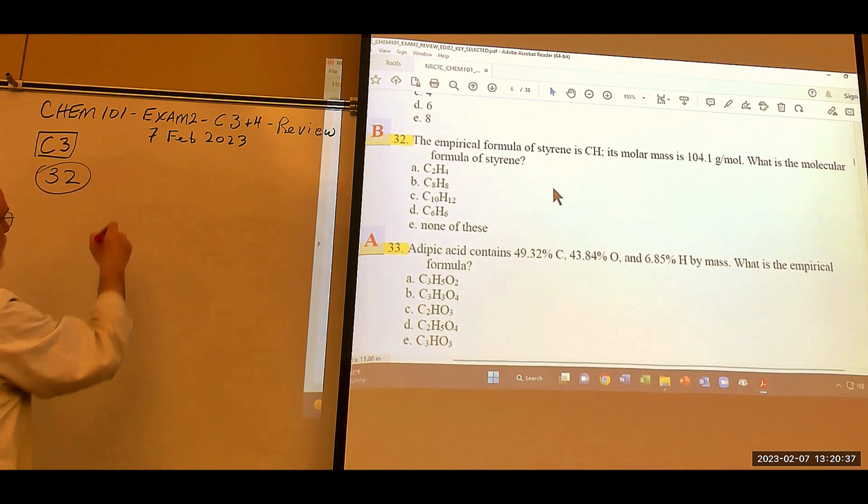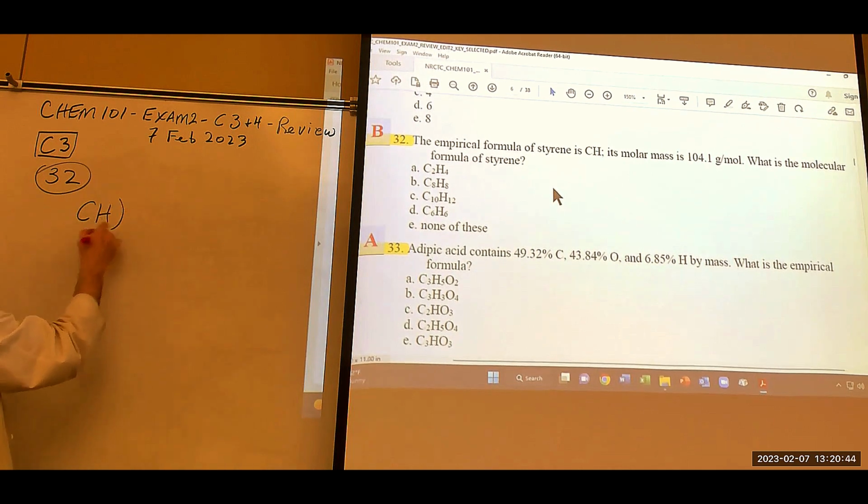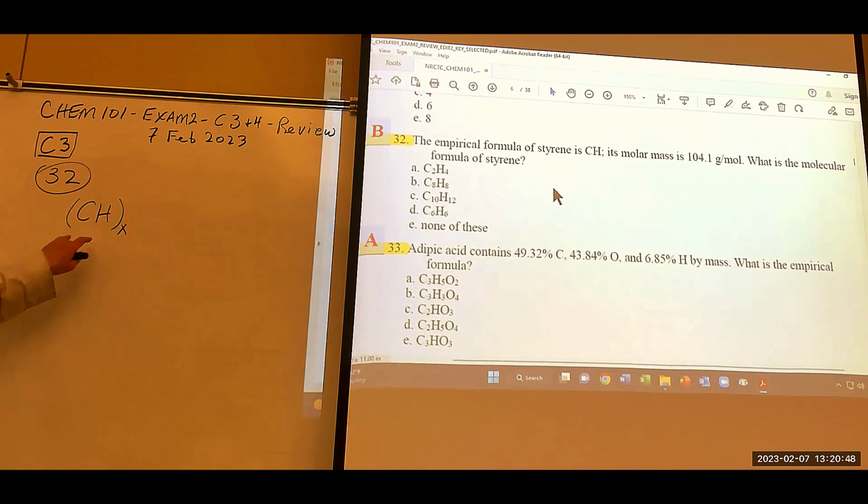So if the styrene empirical formula is CH, then the molecular formula is going to be some multiplier times that, because this is the simplest whole number ratio. The ratio will not change for the molecular formula. We just need to find out what the multiplier is.